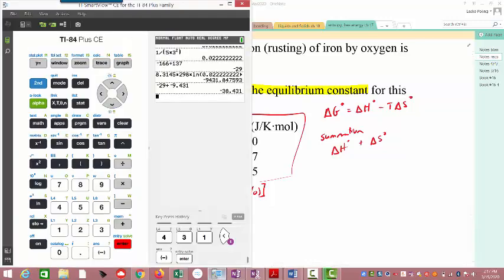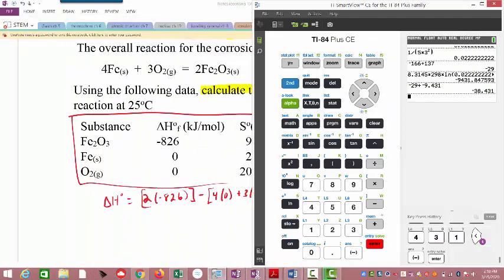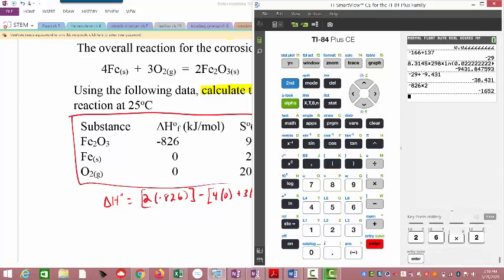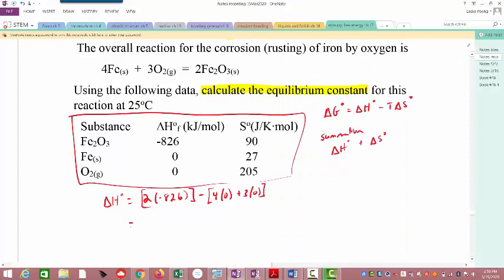So we have negative 826 times 2. Negative 1652. And this is kilojoules per mole.